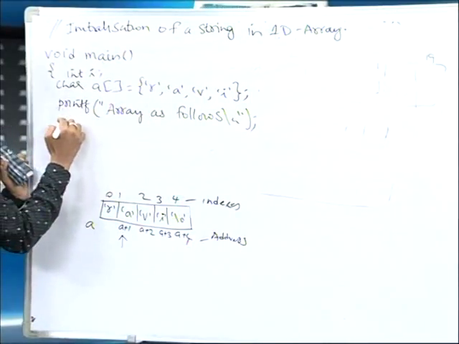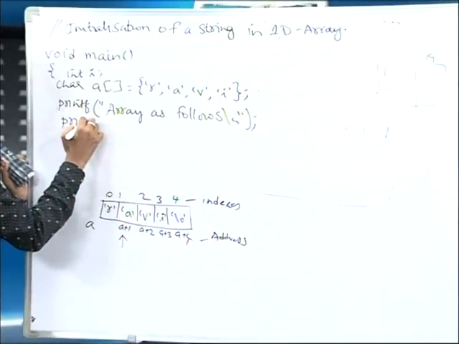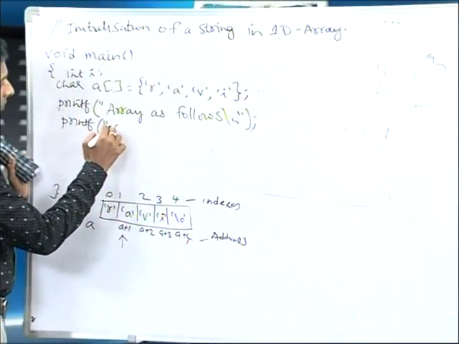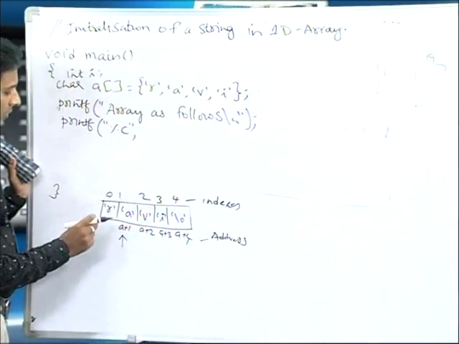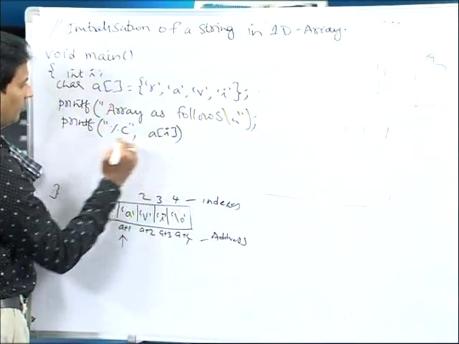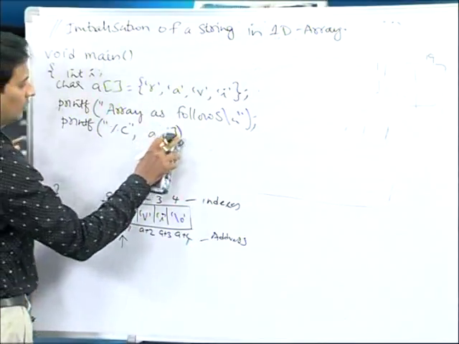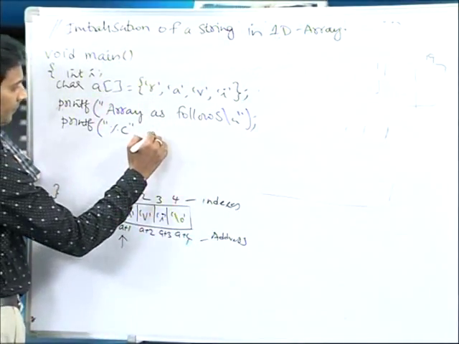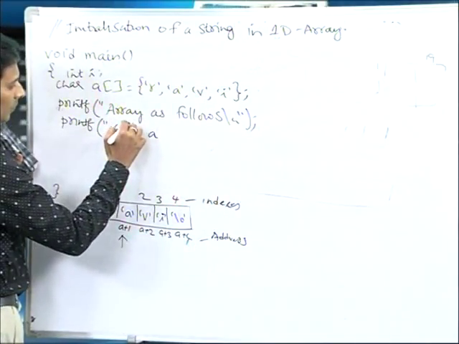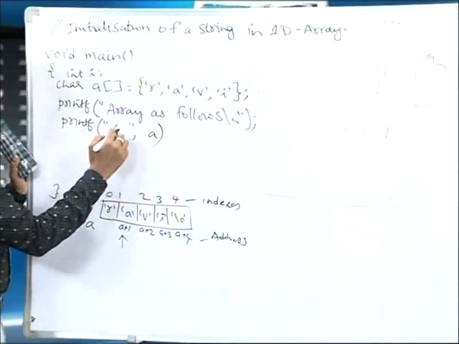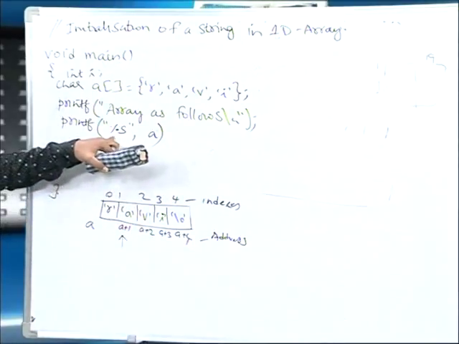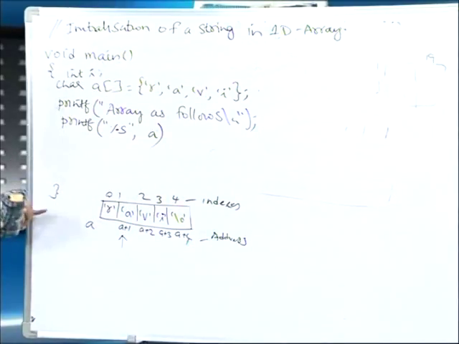First printf percentile c, a. If you write the %c, it prints only R. If you write percentile s, it displays the entire string.